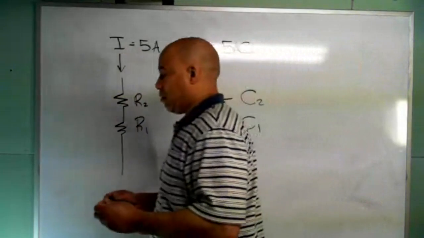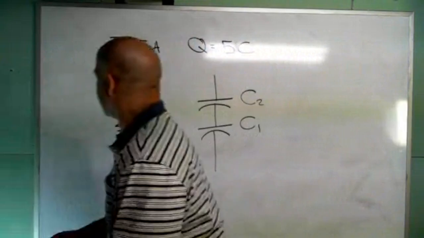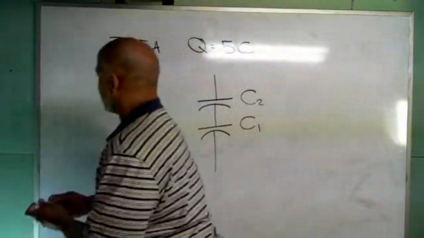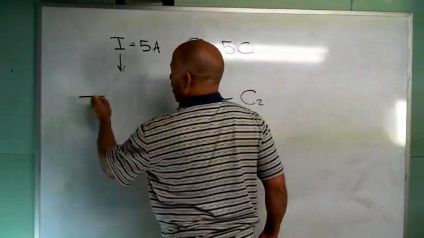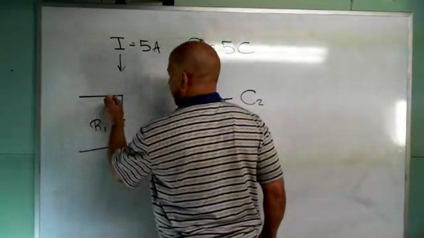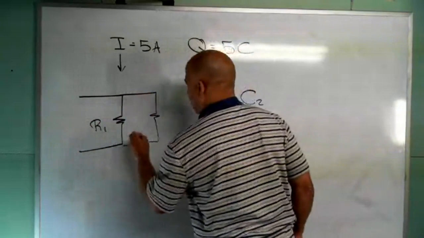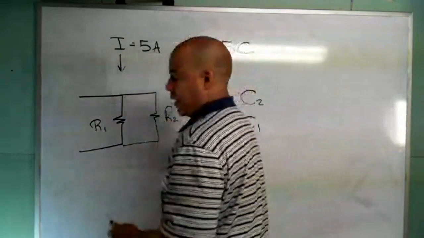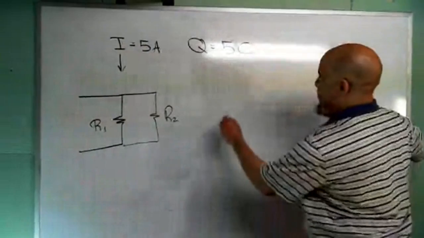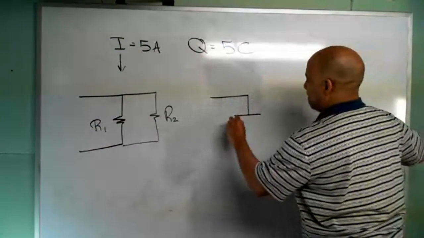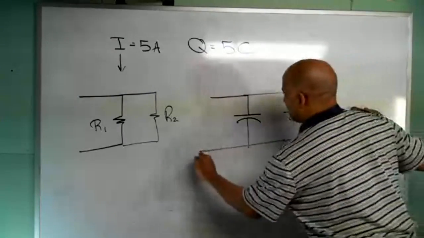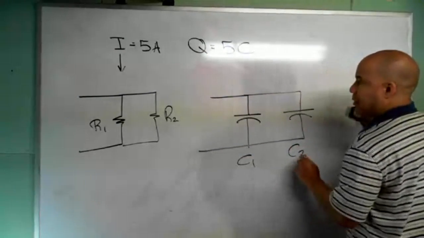Well, what about if I put the resistors in parallel? How does that change things? If I have the resistors in parallel, R1 and R2, and I put the capacitors in parallel, C1 and C2.